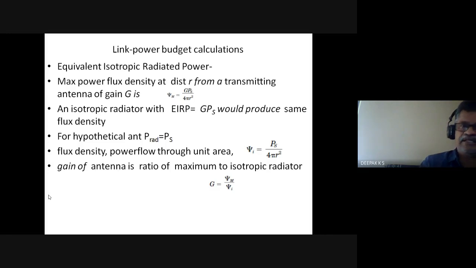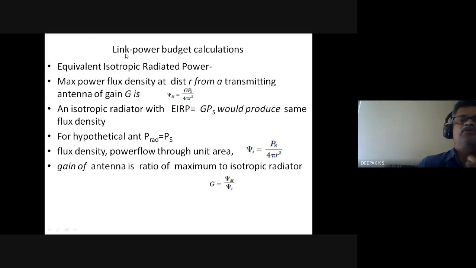You radiate a signal at the satellite, you amplify it, and on the downlink it is transmitted to the receiver. So here we are bothered about the power budget, the link power budget calculation. So what are the power levels?